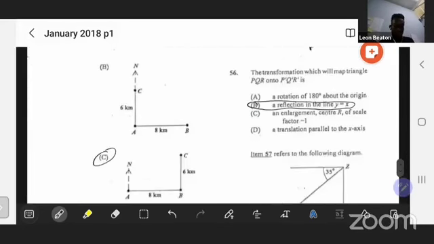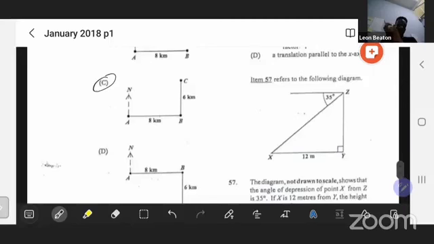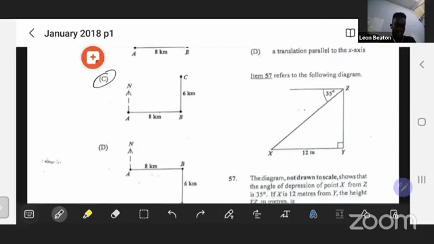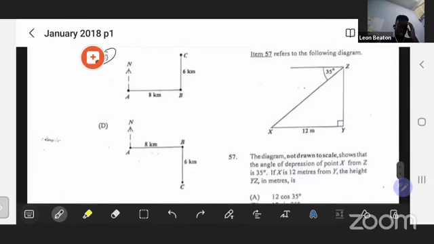So item 57 refers to the following diagram. So we've got a diagram here, and the diagram, not drawn to scale, shows the angle of depression of point X from Z is 35 degrees.